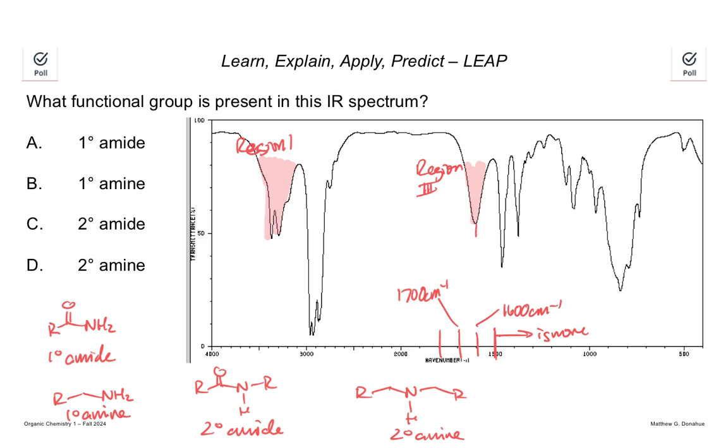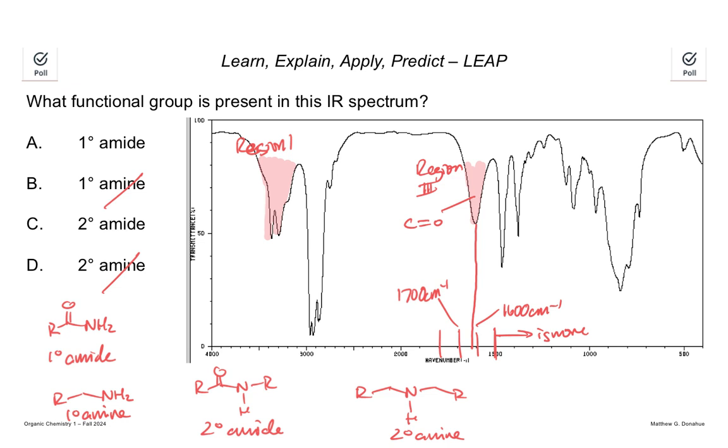If I draw a line down from there, I see that that signal is going to fall below 1700. So that's indicative of a carbonyl for an amide. So we can eliminate the amines, but now we're left with, is it primary or secondary?